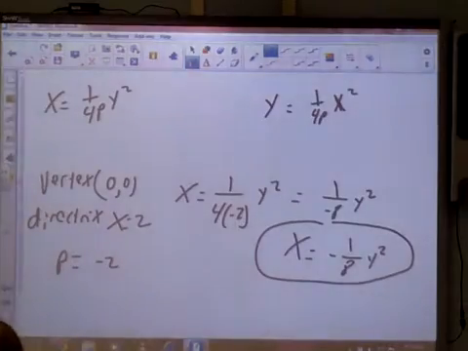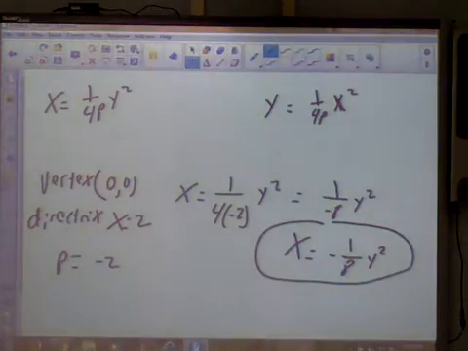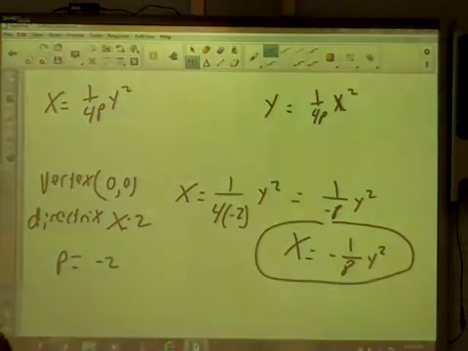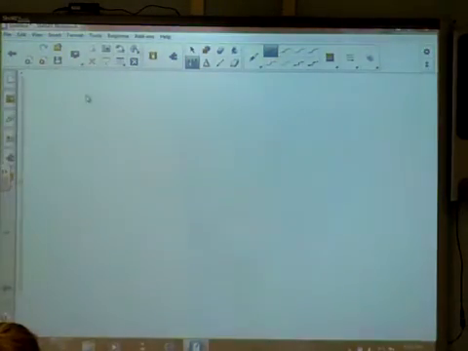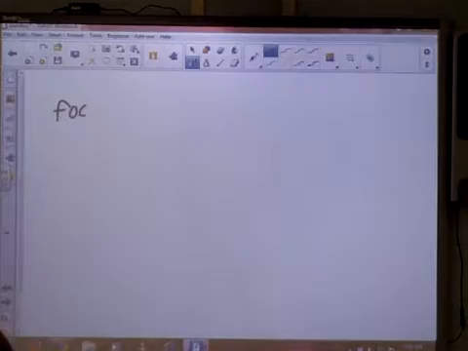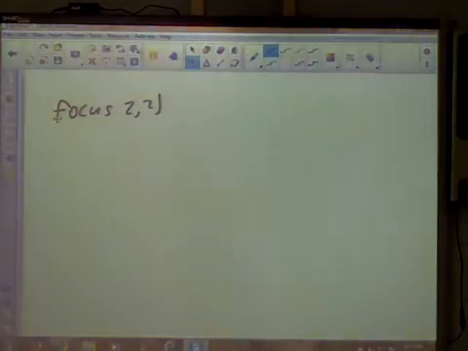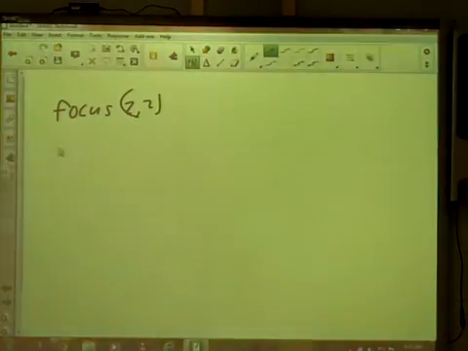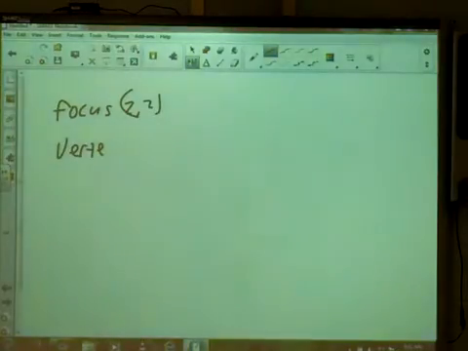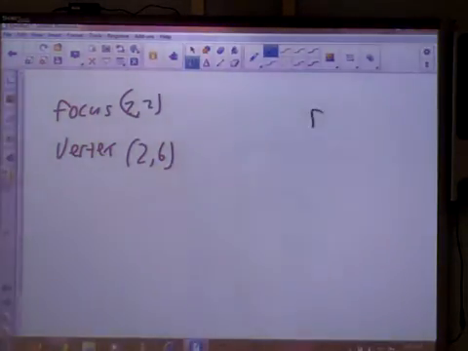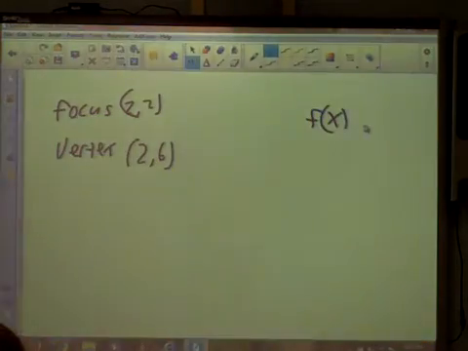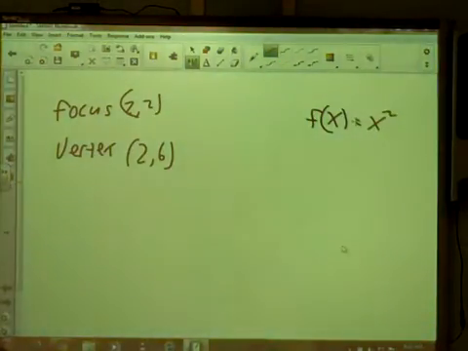Alright. This next one is going to be a little bit harder. We've got a focus at 2, 2 and a vertex at 2, 6. Alright, standard parent function is x squared, but I've moved that.